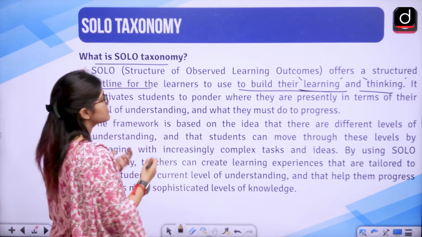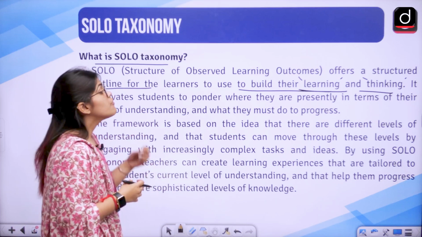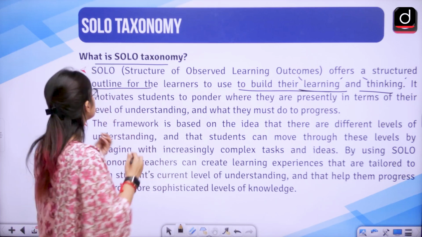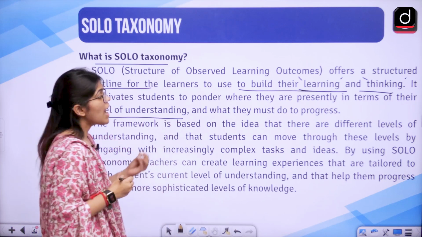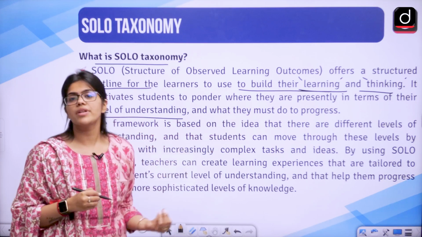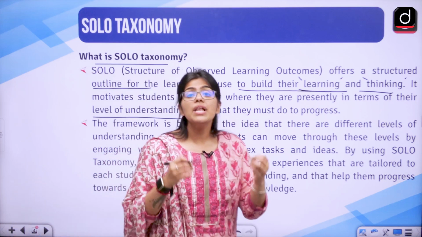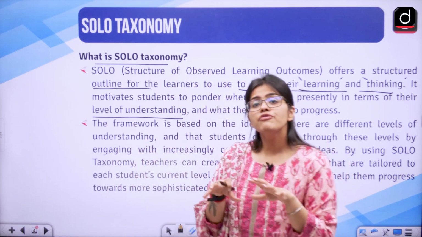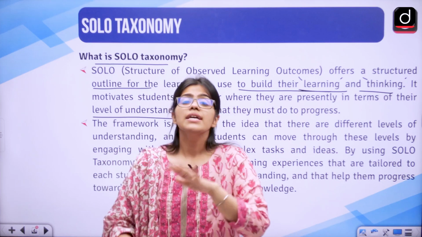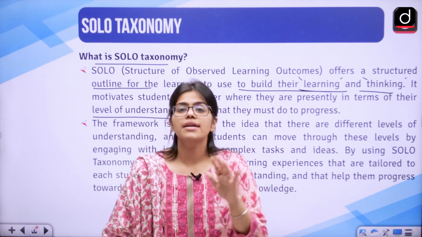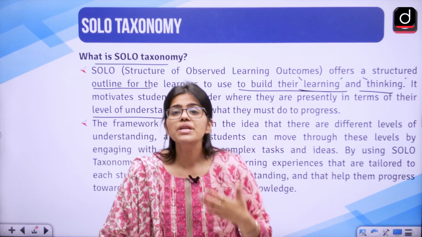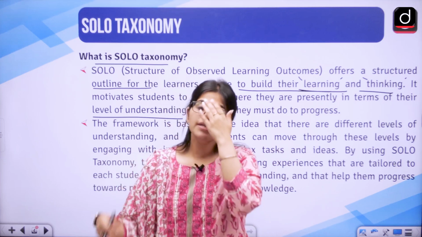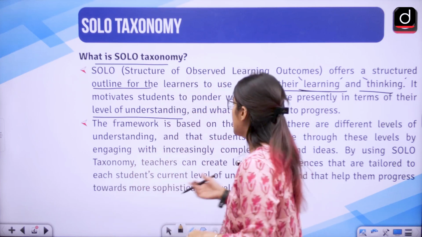It motivates the students to ponder where they presently are in terms of their level of understanding and what they must do to progress. So this taxonomy will help the students know that right now they are aware of a few things that are giving them a basic understanding of that topic. But gradually, when they keep on studying it, they will have a better understanding.